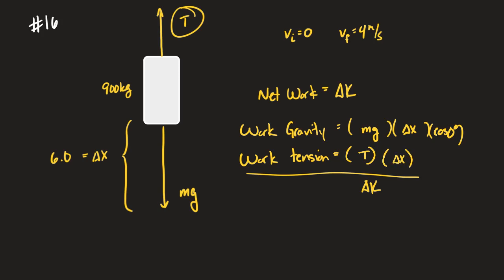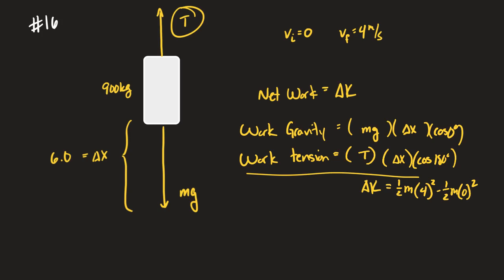Delta x is still downwards, but that's going to suggest then that the tension is doing negative work on the system. Why? Well, the tension's keeping the elevator from speeding up too much. Either way, there's a change in kinetic energy of 1/2 m 4 squared minus 1/2 m 0 squared.